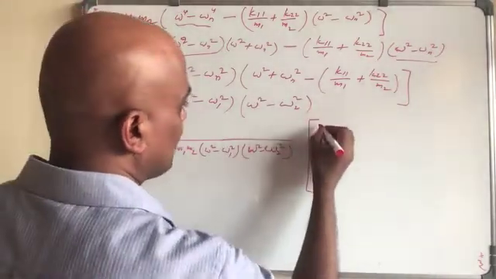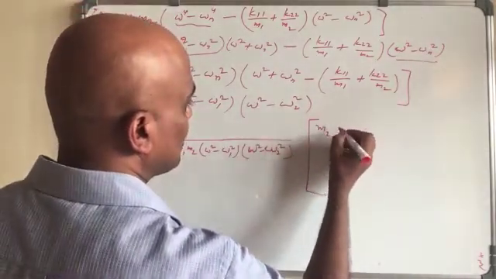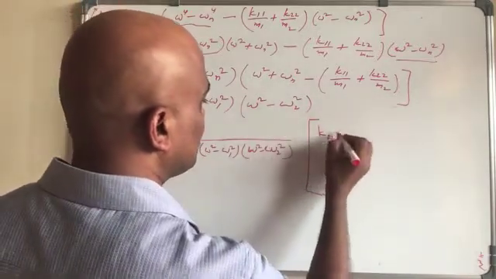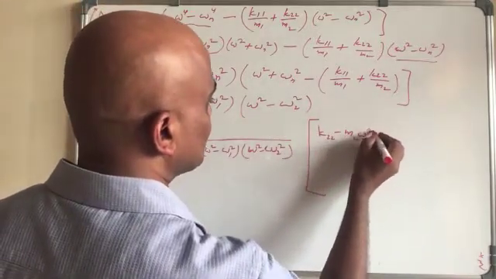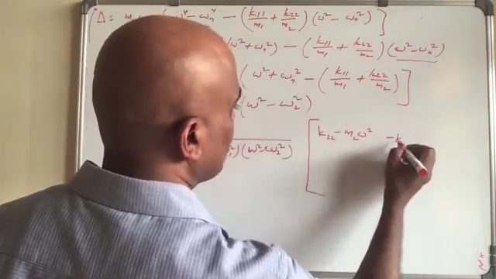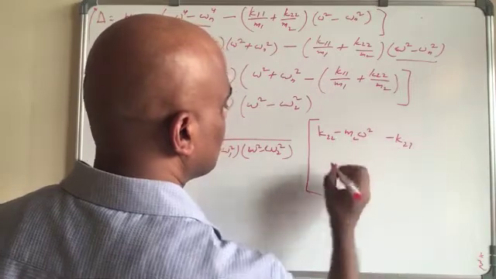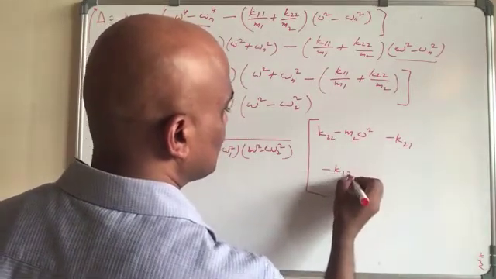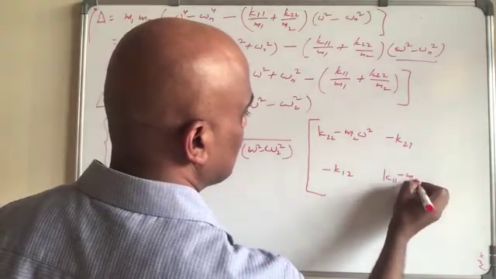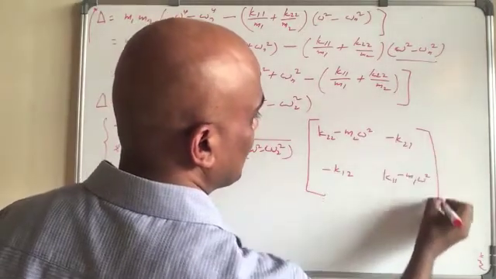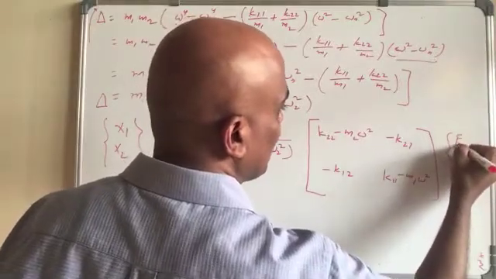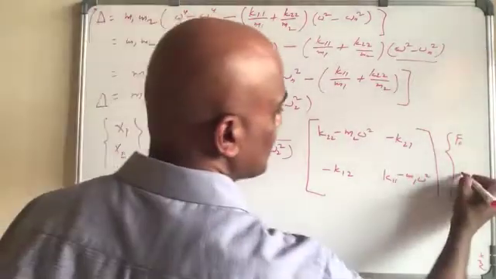The matrix was, we had m2 k22, so k22 minus m2 omega square. Here we had the minus k21, minus k12, and here k11 minus m1 omega square. Yeah, and then here we have to write f naught and 0.